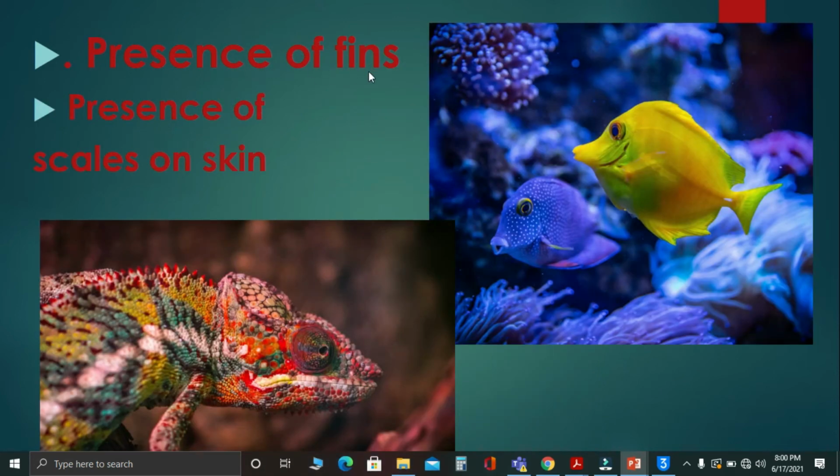Presence of fins, that means fish have fins. They use these fins to swim in the water. Presence of scales on skin. These lizards have scales on the skin, and also fish have scales on the skin.